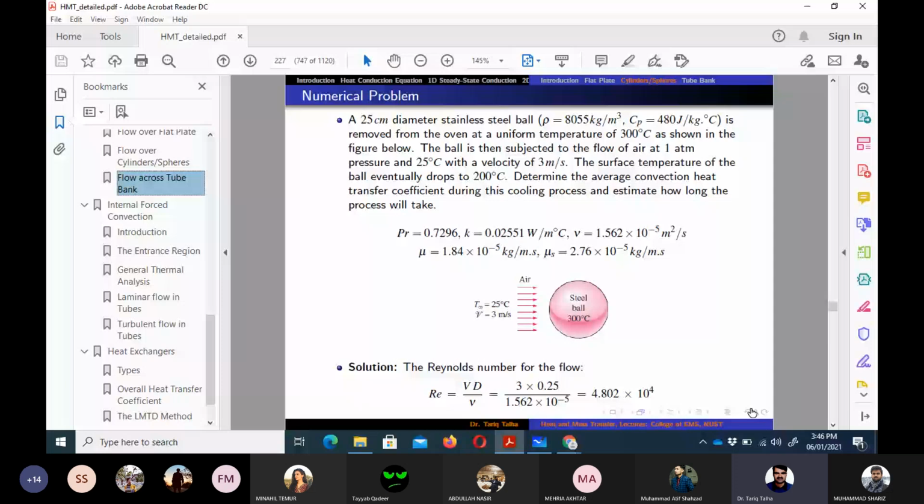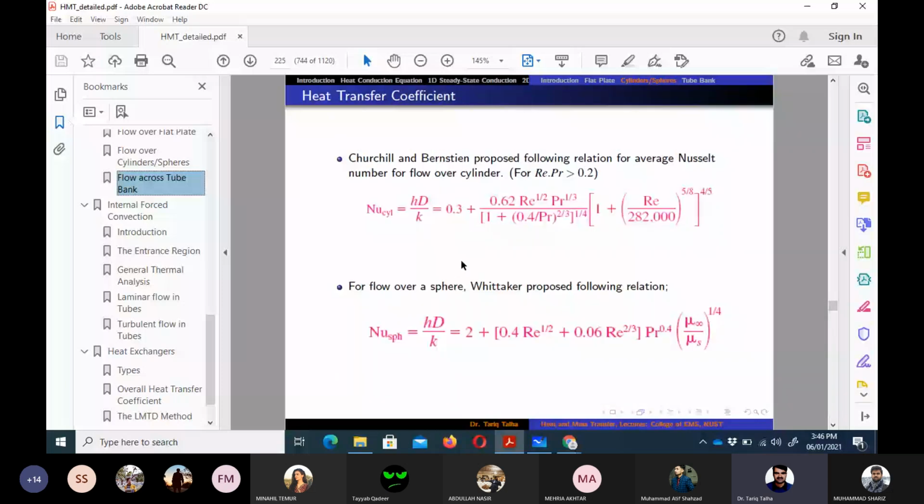So because it is a sphere, we need to use the formula for the sphere. One formula is given in your book for the sphere case, so we can use this. Which is 2 plus 0.4 Reynolds number square root and the additional terms here.